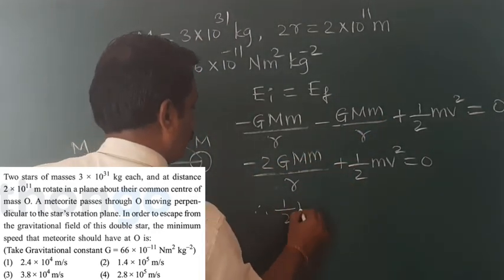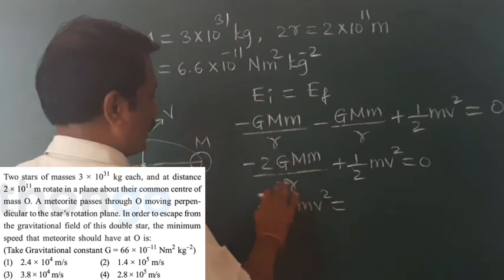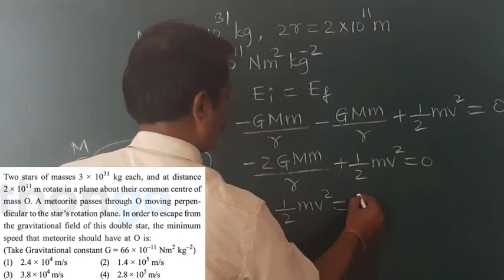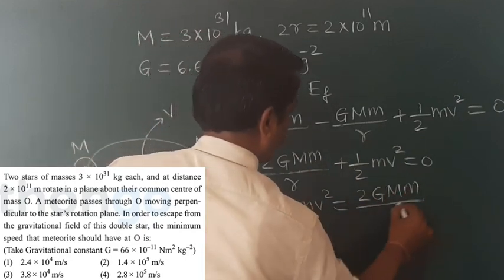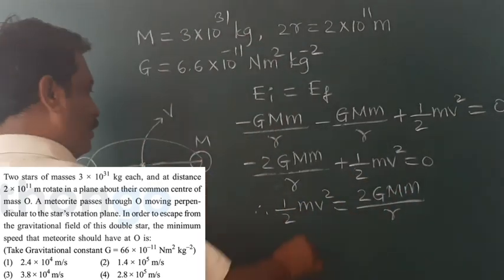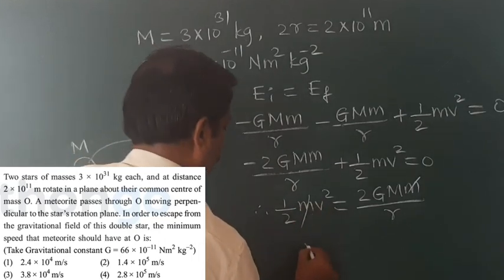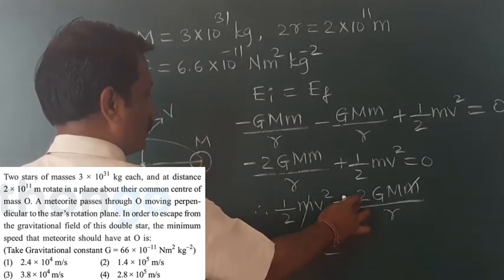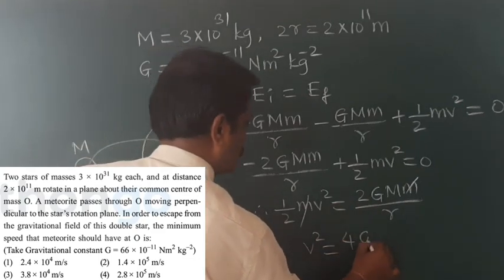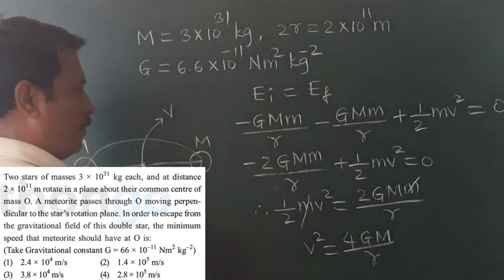Therefore, (1/2)mv² is equal to plus 2GMm/R when I send it to the right side. Now the small m gets cancelled. Therefore, v² is equal to, sending the 2 to this side, 4GM/R. This is v².